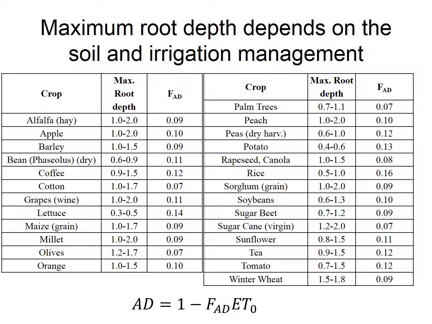There is a wide variability among species, but also for any given species, the variation is important. For instance, for alfalfa, the maximum effective rooting depth lies between 1 and 2 meters. This wide range of values is affected by irrigation management.